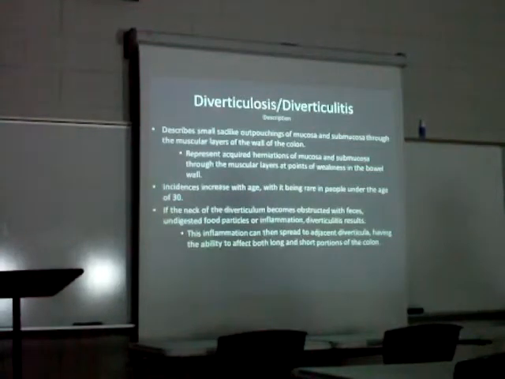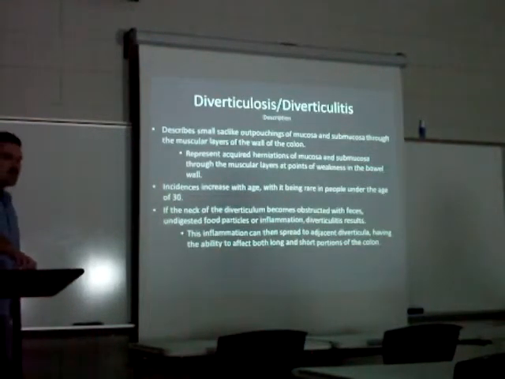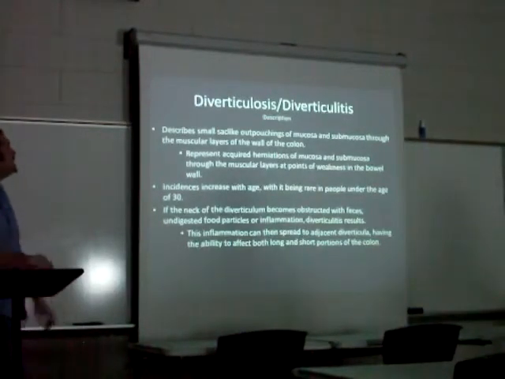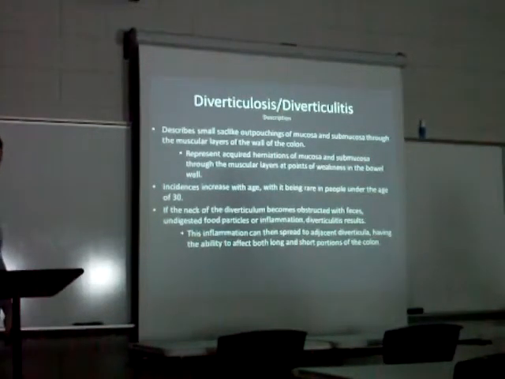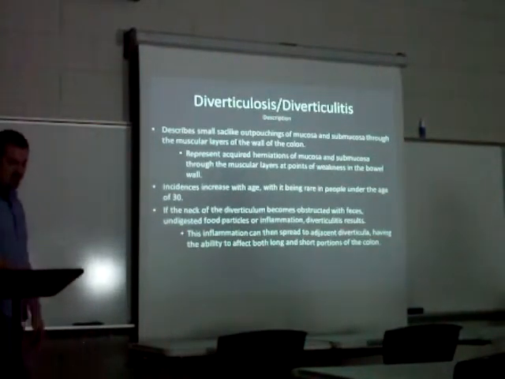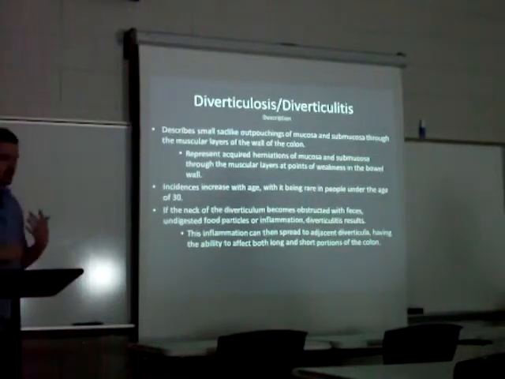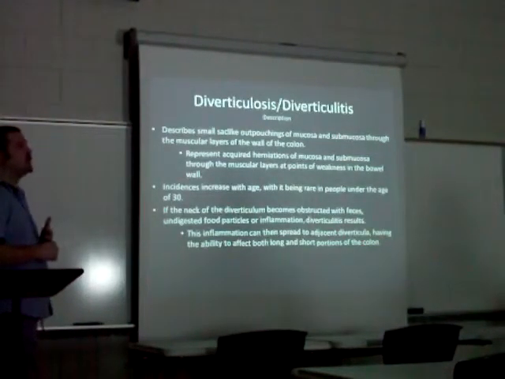So we'll go to diverticulosis, diverticulitis. I'm sure you all have talked about it when you've been going over procedures and things like that. And I'm sure you have a pretty good indication of what this is. And so diverticulosis simply describes small sac-like outpouchings of mucosa and submucosa through the muscular layers of the wall of the colon.